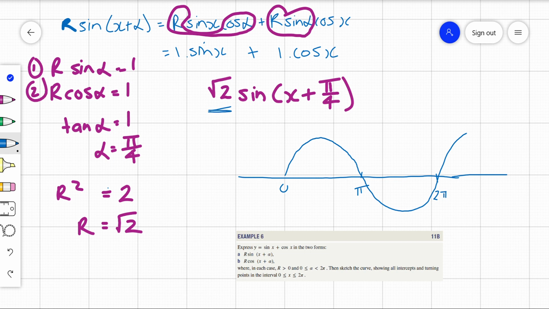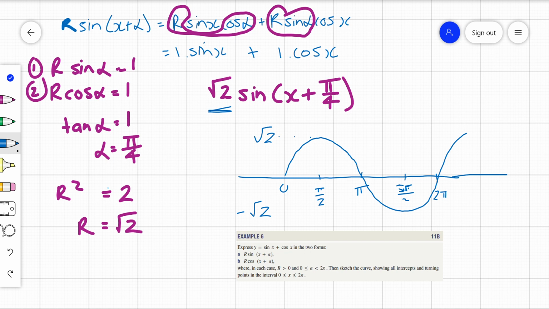In this case, we've got an amplitude of root 2, so that would be root 2 across there, and it would go down to minus root 2. So if it shifts by pi on 4 to the left, everything's moving by pi on 4 to the left. For example, this point, which was pi on 2, and this is 3 pi on 2.